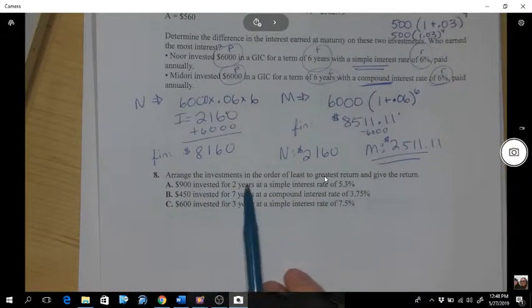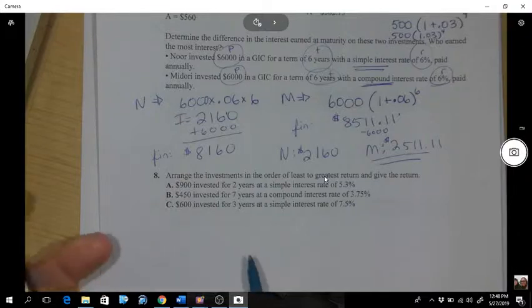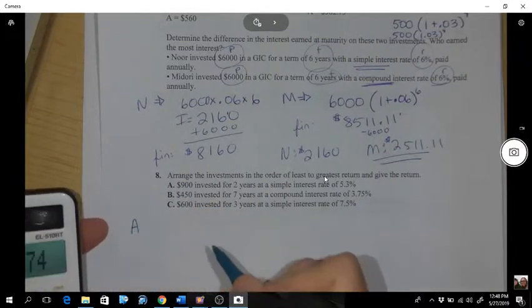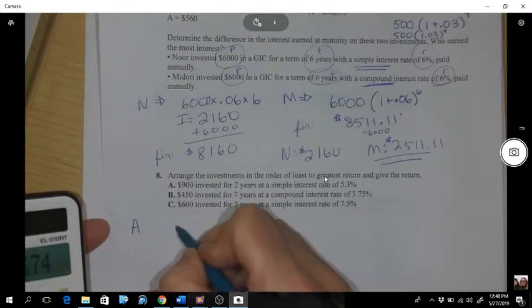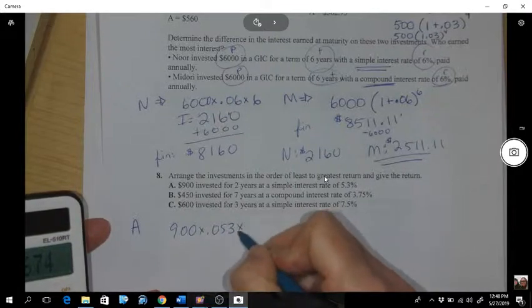Number 8, arrange them in order of least to greatest returns of investment. Okay, so A, let's work with A. Simple interest, so PRT, 900 times rate times 2.